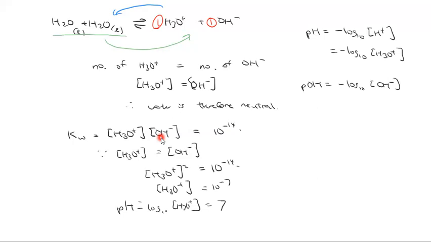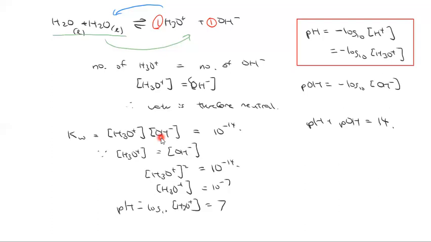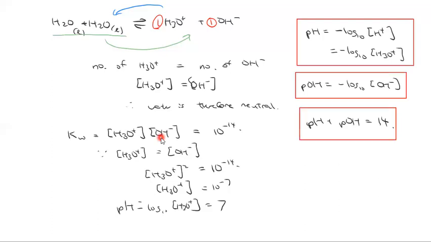And because of water, pH plus pOH must equal 14. So that's the revision of your pH. And this is what it is.